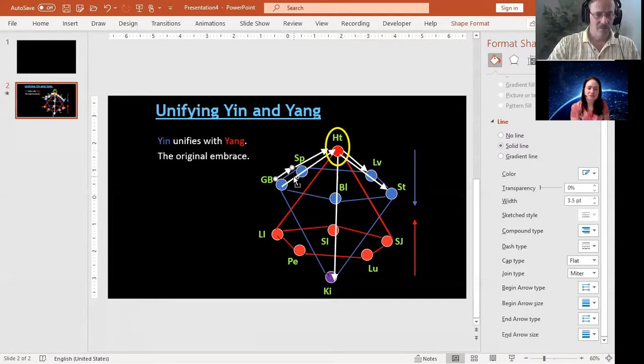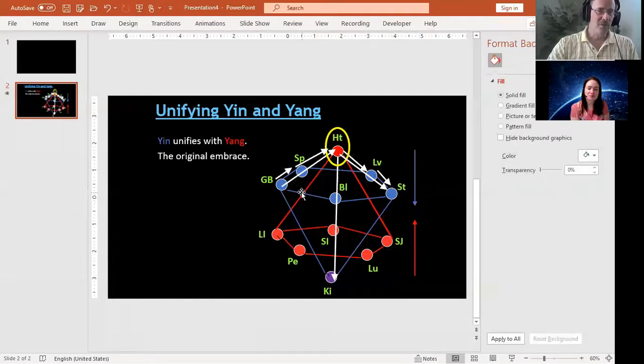So if I can bring this one over, we'll see the liver flow to the stomach. So just from this one angle, you'll see arrows going from the gallbladder through the spleen, heart, and liver, eventually to the stomach.